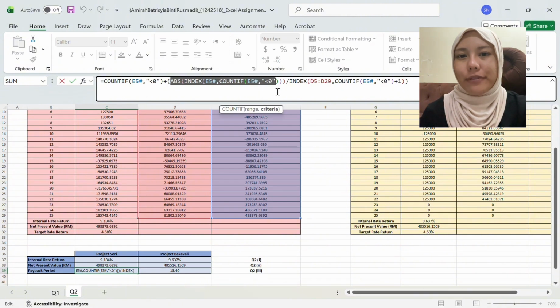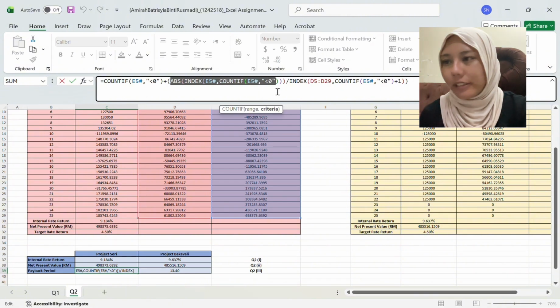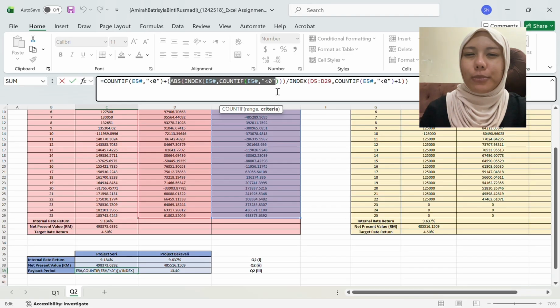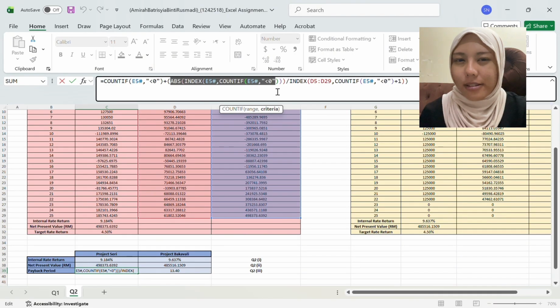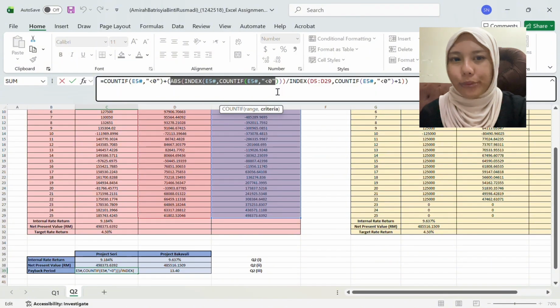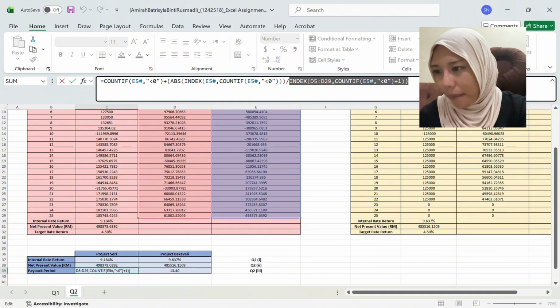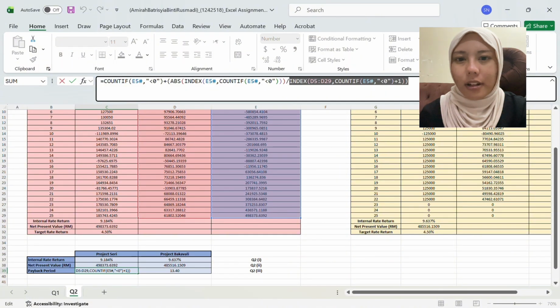Extract the remaining deficit of 956.12, and this one here extracts year 17's discounted cash flow of 75,012.76.